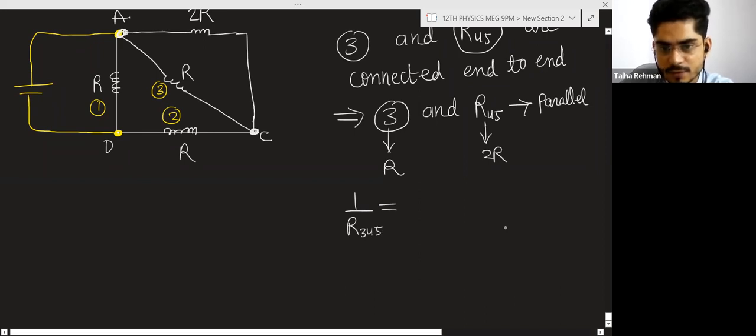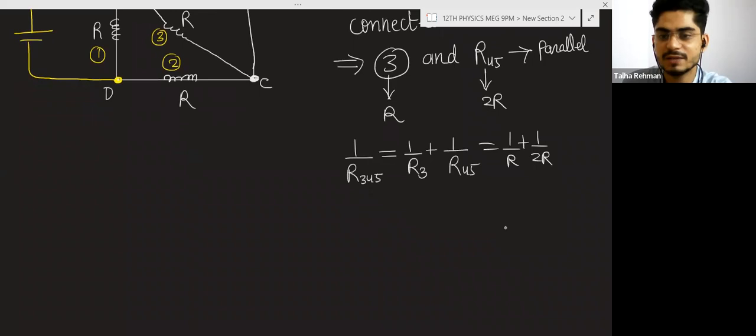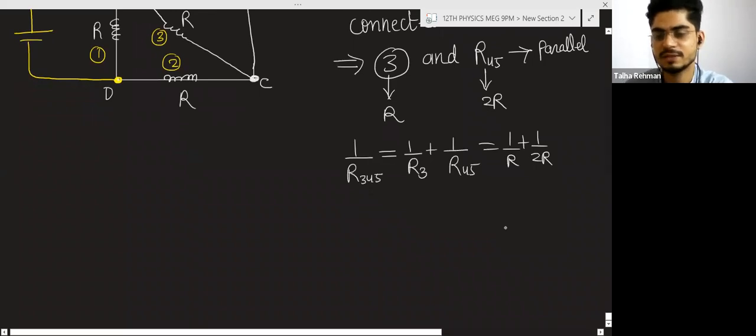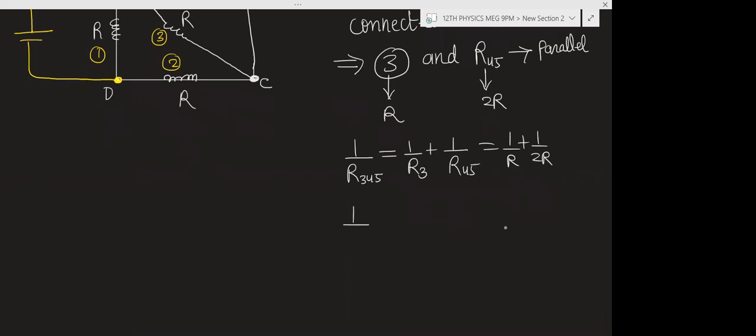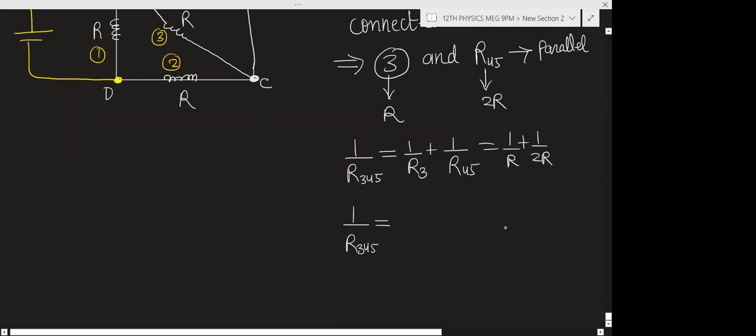1 upon R345 equals 1 upon R3 plus 1 upon R45. So can you solve this? 1 by R plus 1 upon 2R. Can you solve this, Hamza? Please try this. This is the same as what we solved in the previous question.